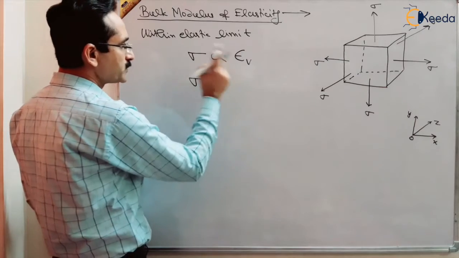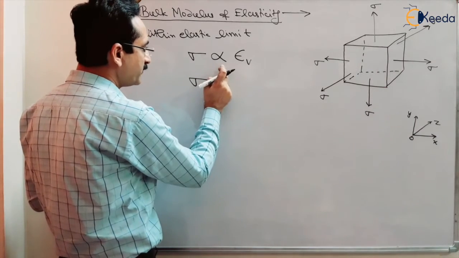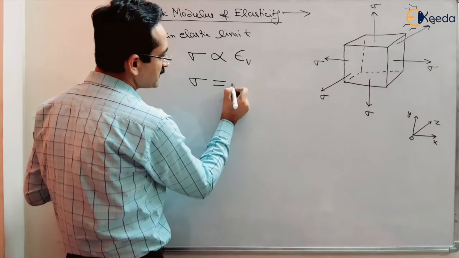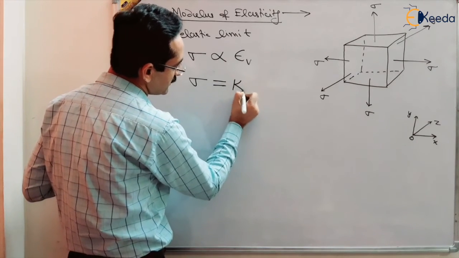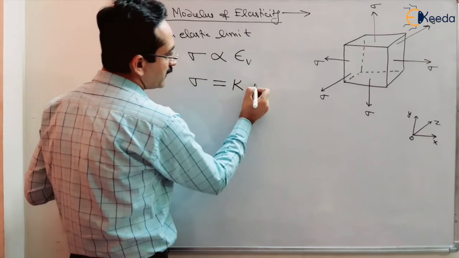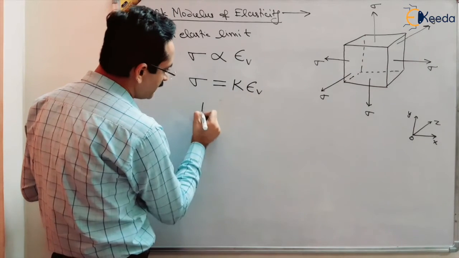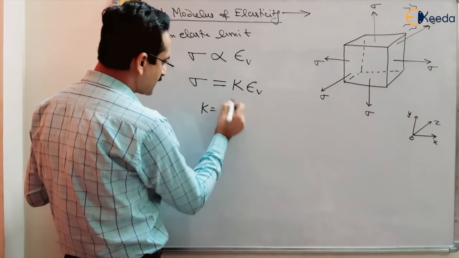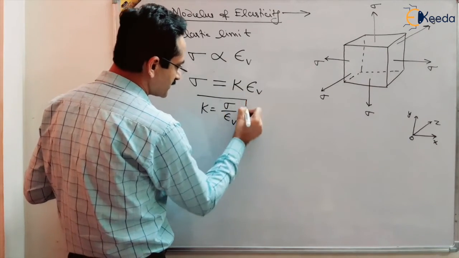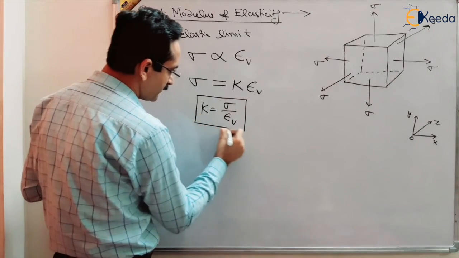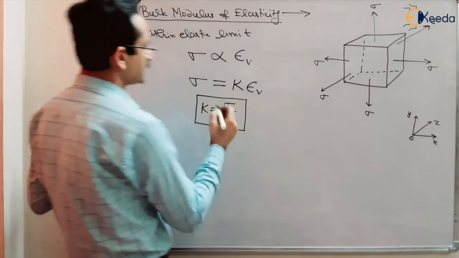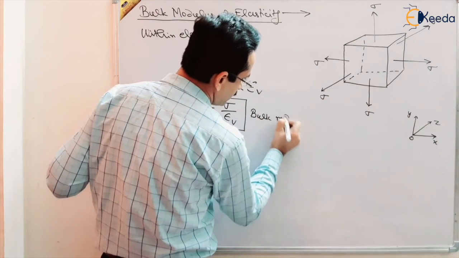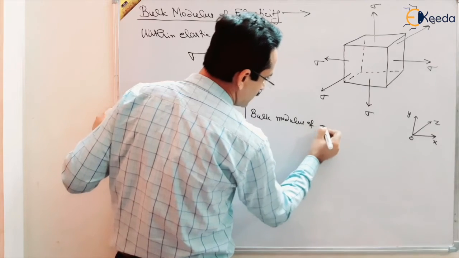The stress is proportional to the volumetric strain, and if we remove this proportionality sign, we get a constant that is called the bulk modulus of elasticity, represented by K. This K will be equal to sigma by epsilon V, direct stress, one of the stresses, upon volumetric strain. So this K is the bulk modulus of elasticity.